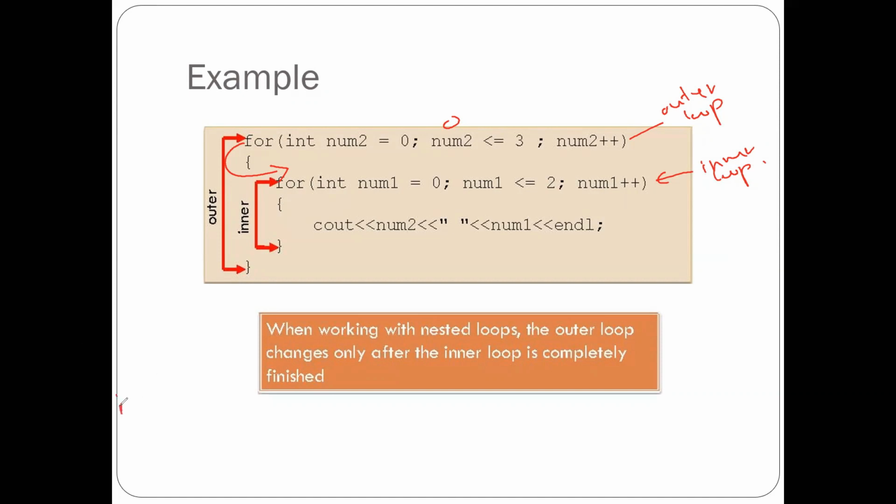Kita ada i, and then kita ada j less than or equal 2. So contohnya i adalah 0. Adakah kosong lebih kecil sama dengan 3? True. Bila true, dia akan masuk dekat dalam for loop yang kedua.